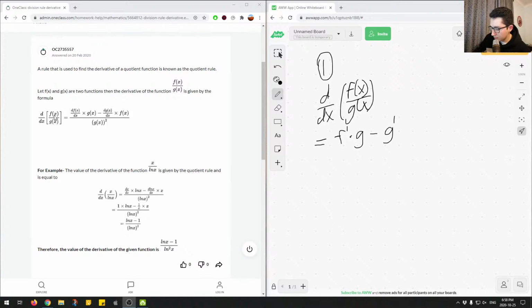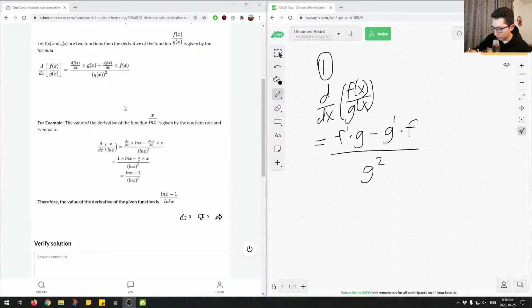So times f, divided by essentially g squared. So this is just a short form way to write the same thing that's written over here. So let's go through an example of how this would work.